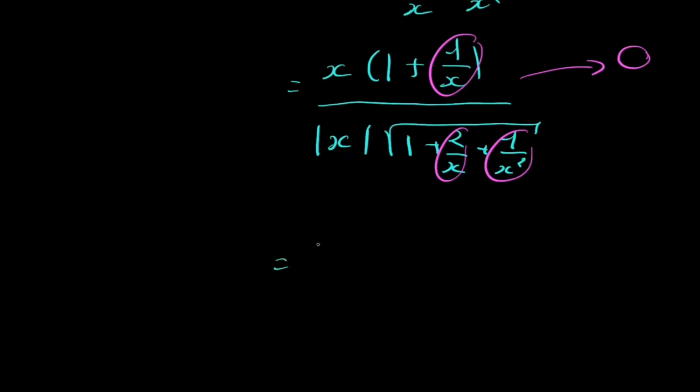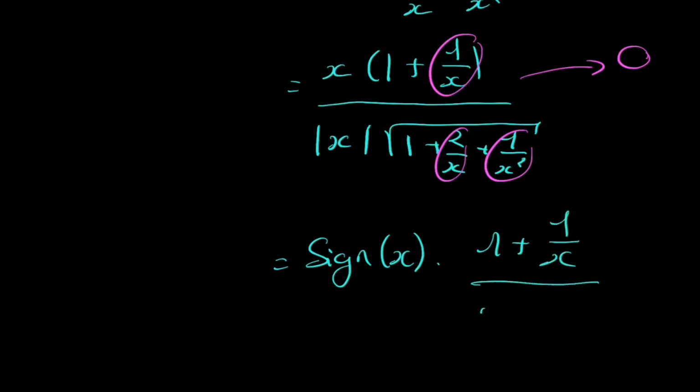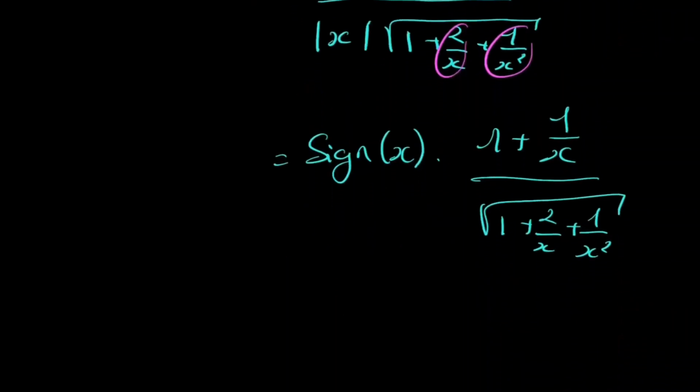So because this thing is equal to sign of x times 1 plus 1 over x over square root of 1 plus 2 over x plus 1 over x squared, the limit when x tends to plus infinity of A of x will be the sign of x, which is plus in plus infinity, so plus, and this thing will go to 1.